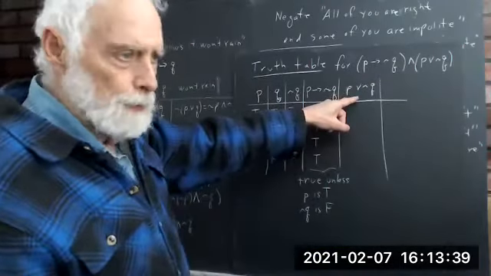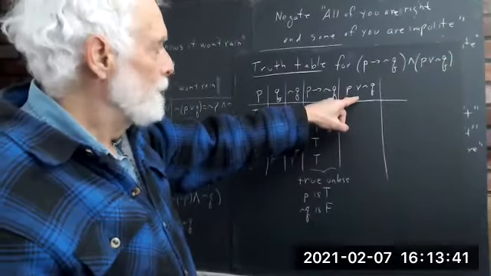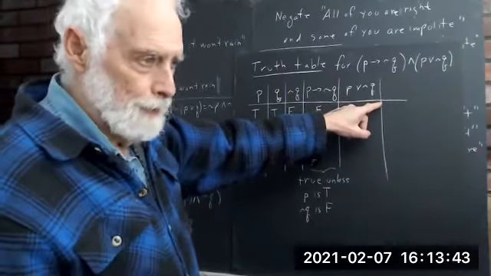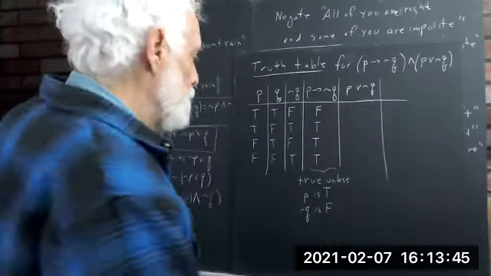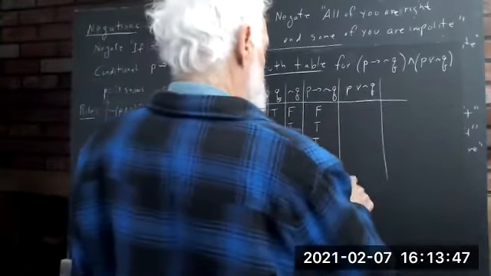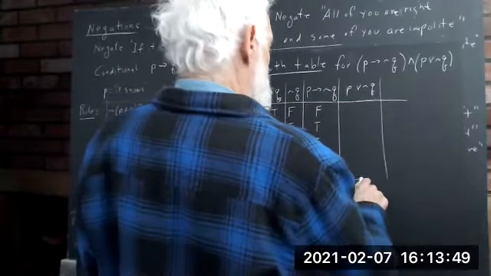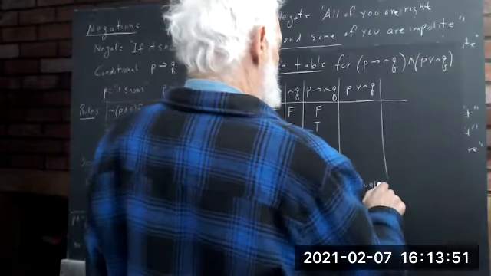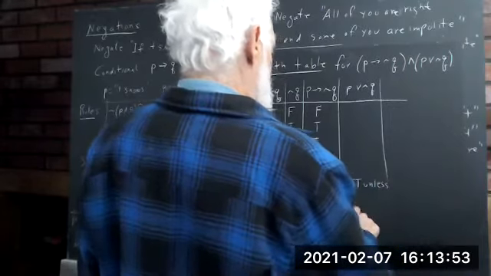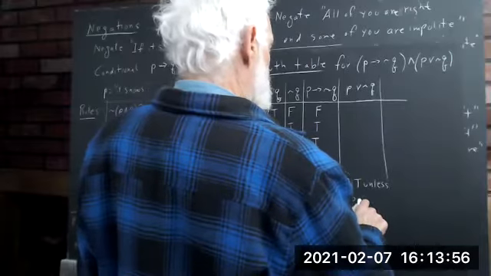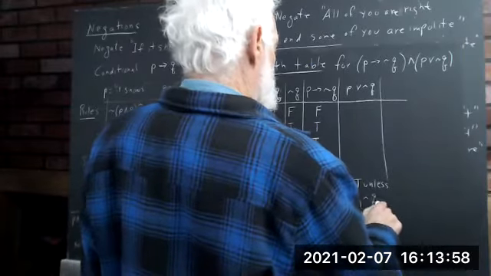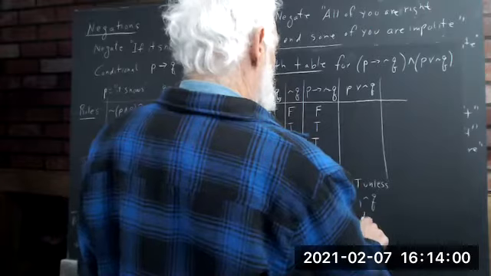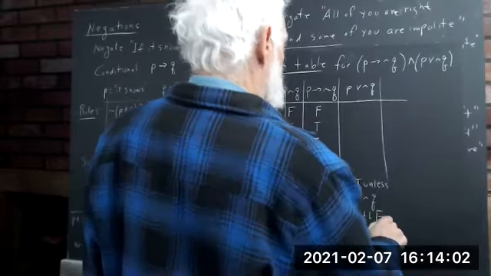Well, the or statement is true unless both P and not Q are false. So we could say true unless P, not Q, both false.